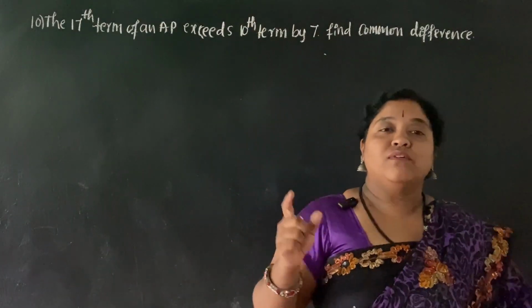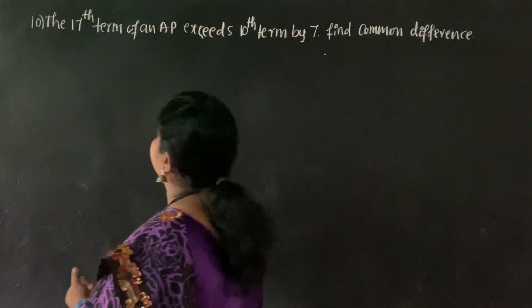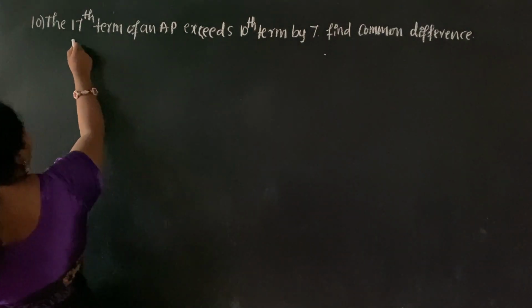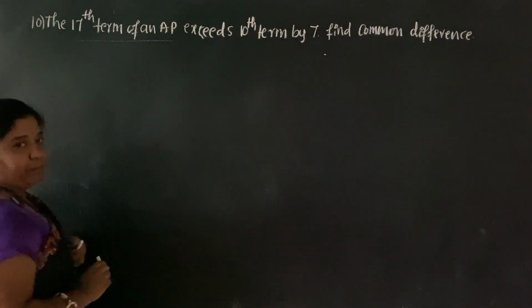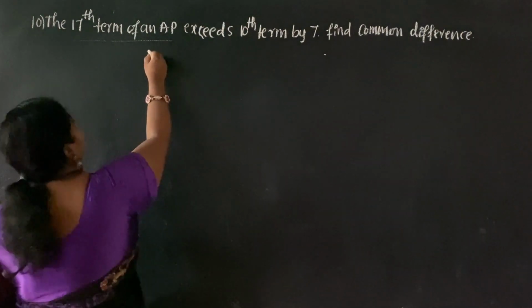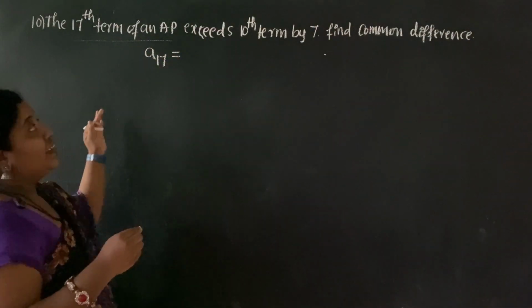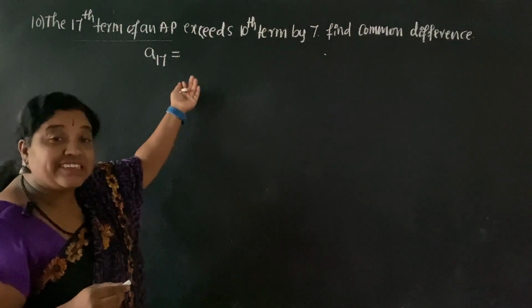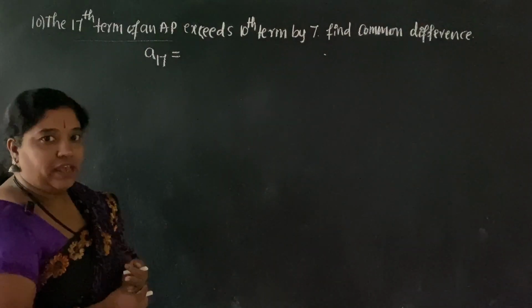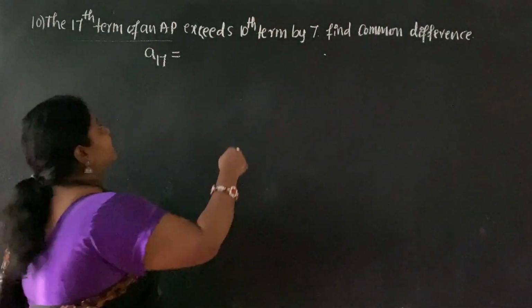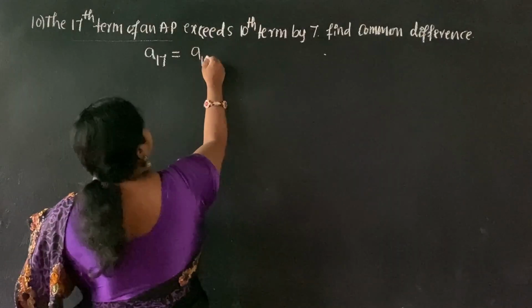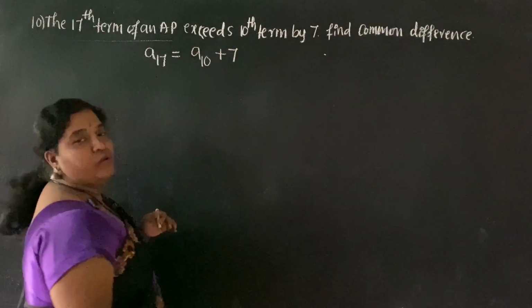Understanding? How can you write the statement by the given information? You just see, 17th term of an AP exceeds 10th term. Exceeds means what? More than. Exceeds 10th term by 7. See how nicely it is?